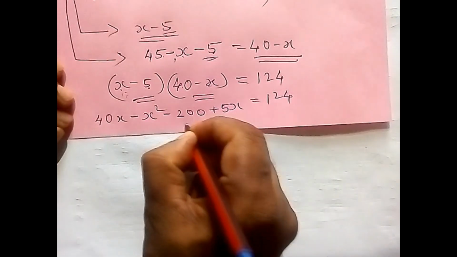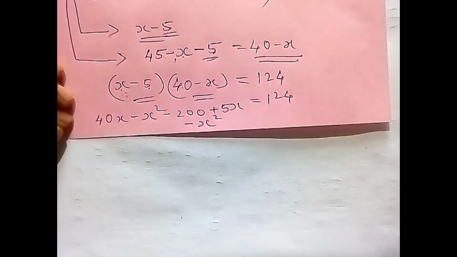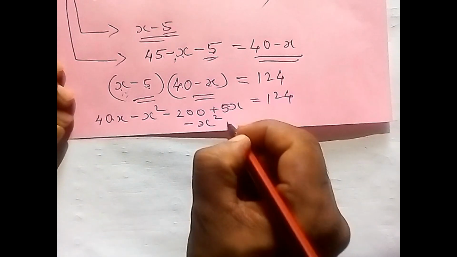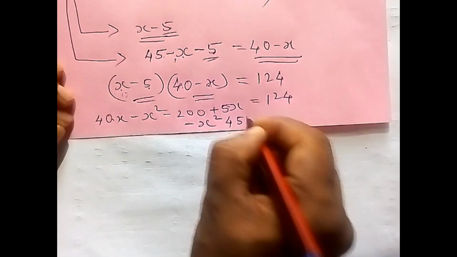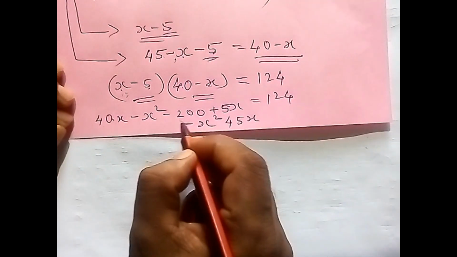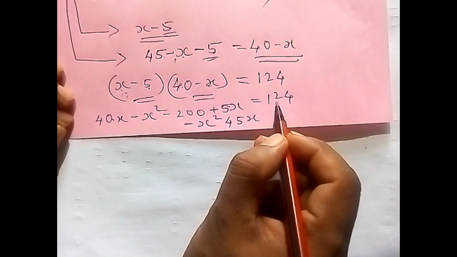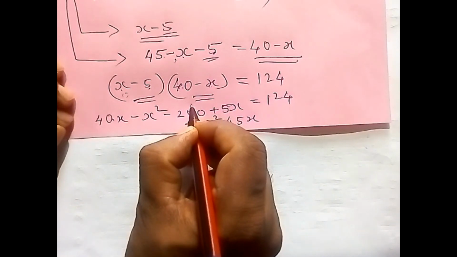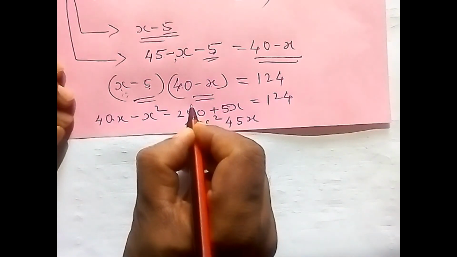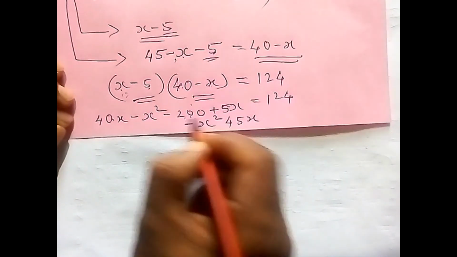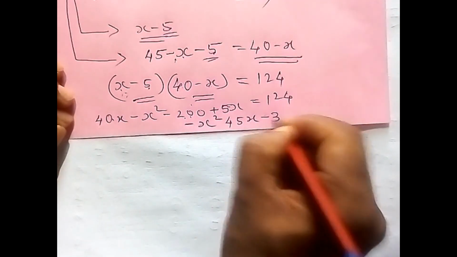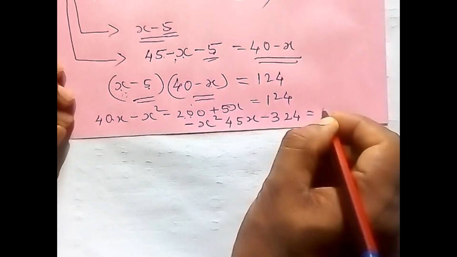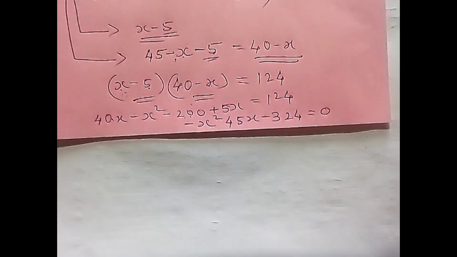Or I can write x square term first, then x, 40x plus 5x, 45x. Here minus 200 is there, here 124 is there. So 124 I am taking to the left side, it will become minus 124. So minus 200 and minus 124 becomes minus 324 equal to 0.